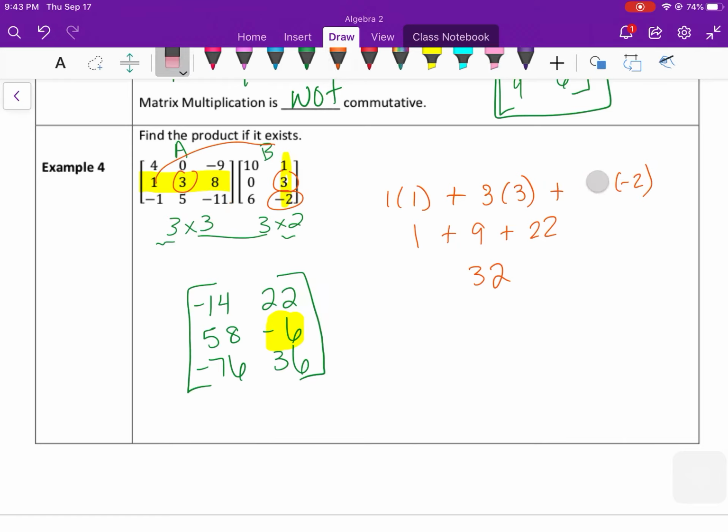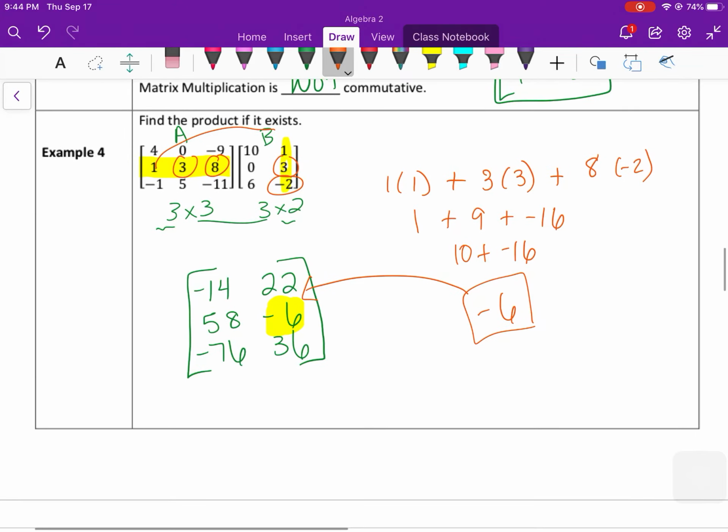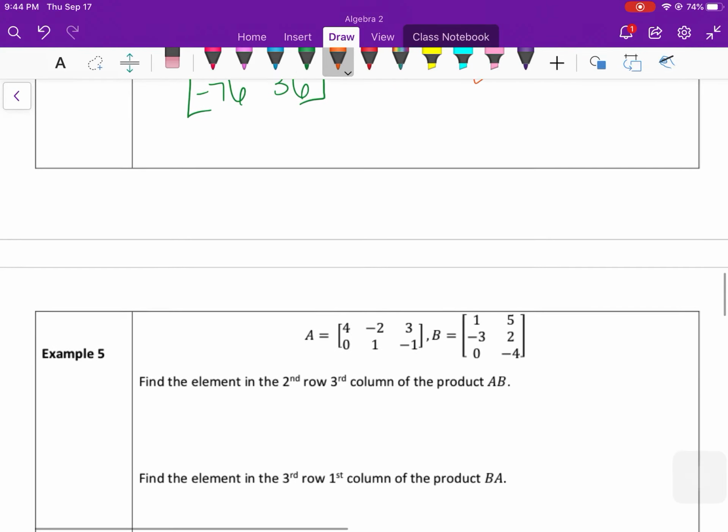I was like, why am I not getting the right answer? Sorry about that. 8 times -2. So 1 times 1, 3 times 3, 8 times -2, which is -16. So then we have 10 plus -16, which is -6. Whew, apologize. Here you go. So row by column. Of course, without the calculator, you have more room to make a mistake as well.